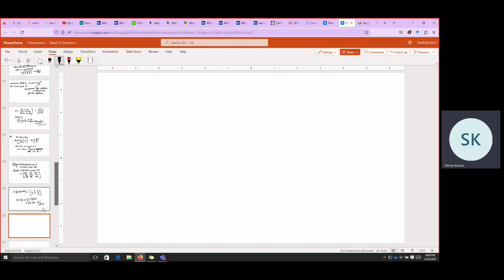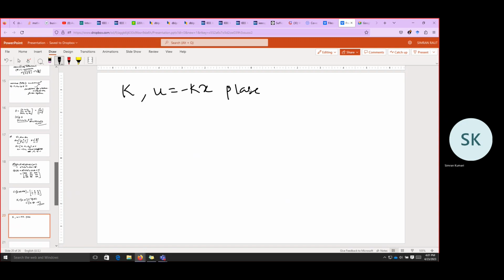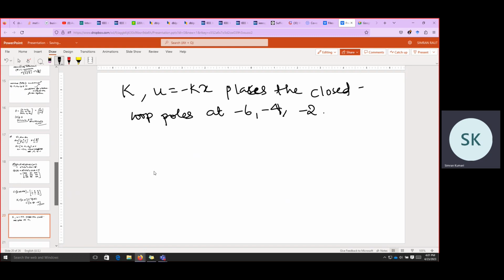So let us suppose the same system and we have to find the matrix K so that A minus BK places the closed loop poles at minus 6, minus 4 and minus 2 for the same system.